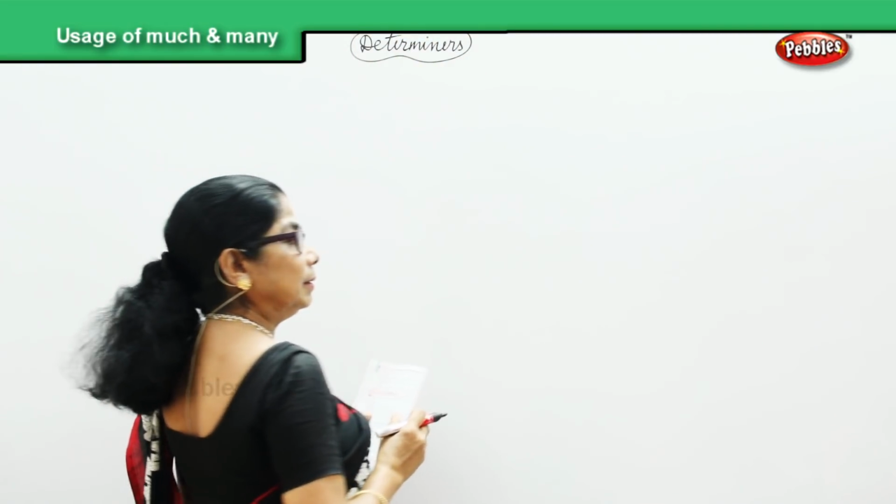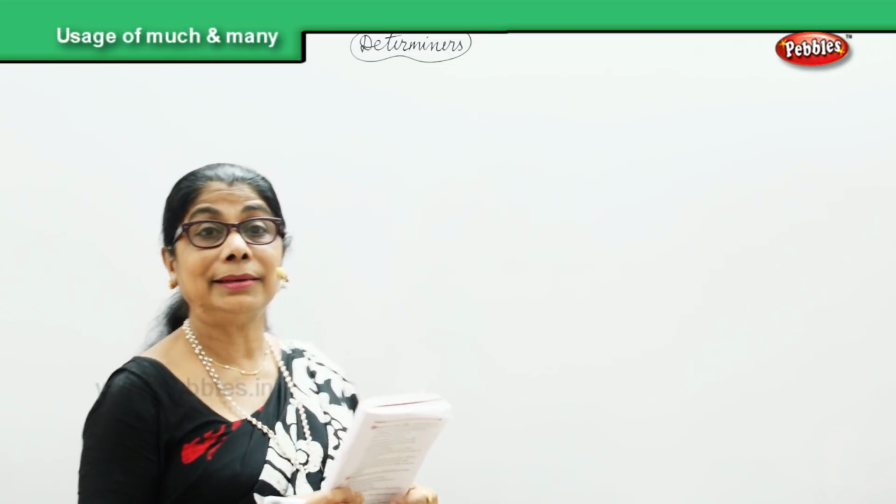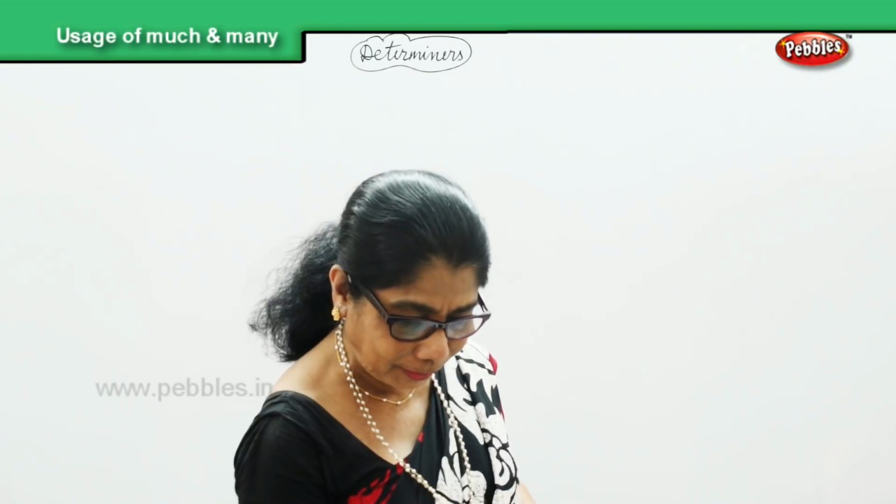Under determiners, we are going to look at two words. What are they? Much and many in the sentence. Okay, let's look at that.